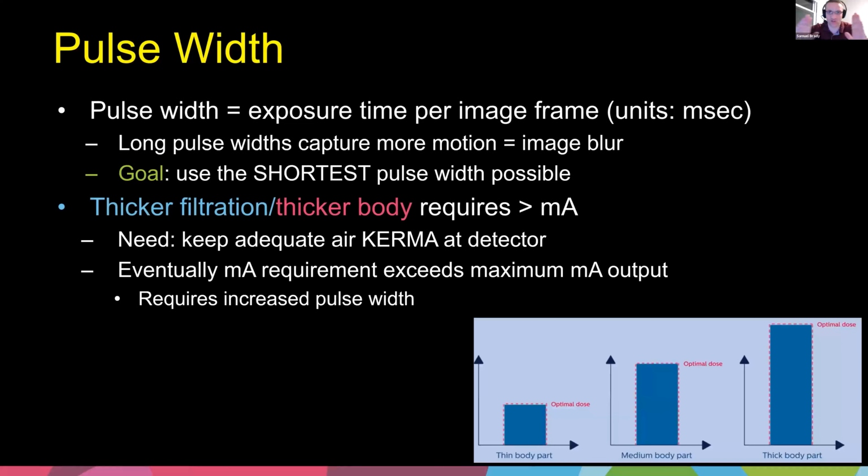So we squeeze it down, but that also means the overall magnitude has to increase, right? If we shrink it down, we go from 33 to 8 to 5 or whatever, but we don't make the magnitude go up, then the image would be really noisy. So this becomes a physical limitation of the system. How many photons can you get out of the X-ray tube into the detector in the shortest amount of time?